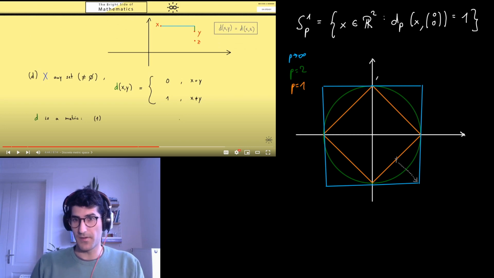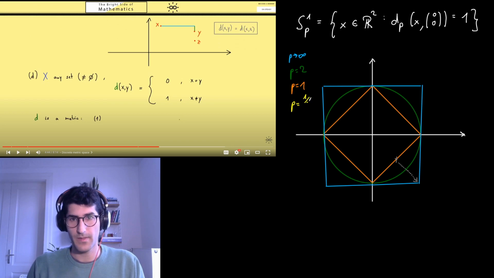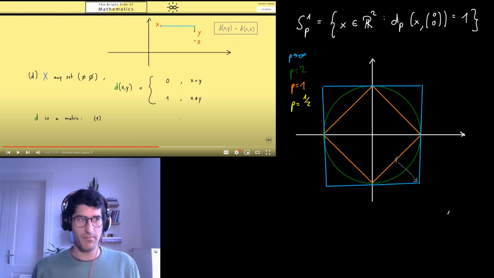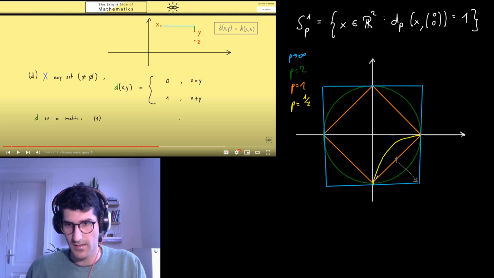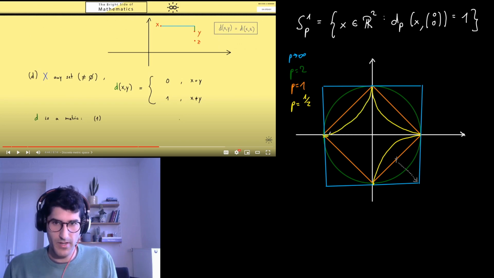So what about the semimetric that we just discussed? For p equal to 1/2, well, this direction is already taken up. So what will happen is the circle will bend inwards, and we will get something that looks like this. It looks like it's mirrored along an axis.